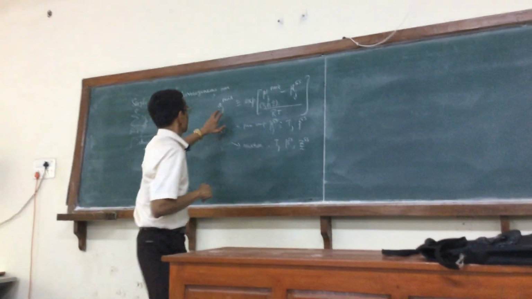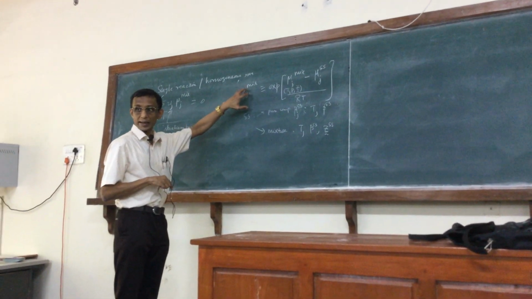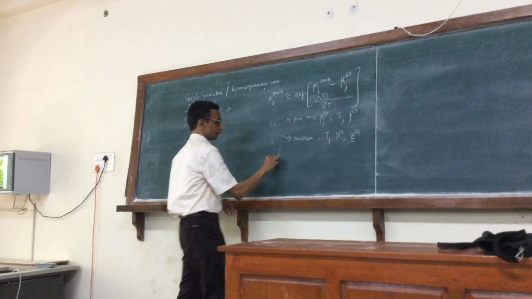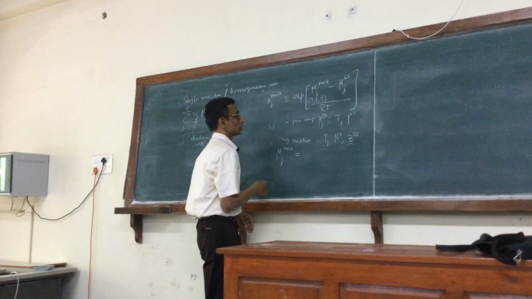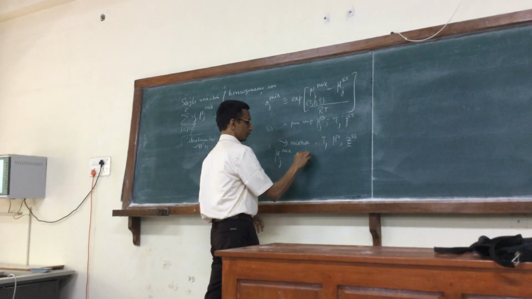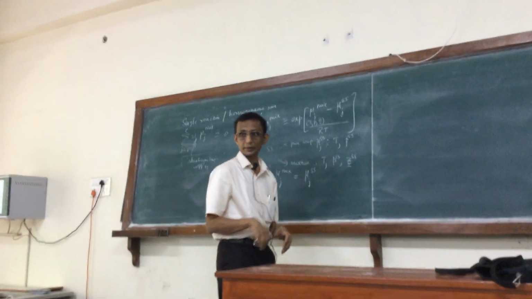So now, when we want to use this equation and express it in terms of the activities, right? Then I have to rewrite the chemical potential of a component J in the actual mixture as that of the standard state of that component.